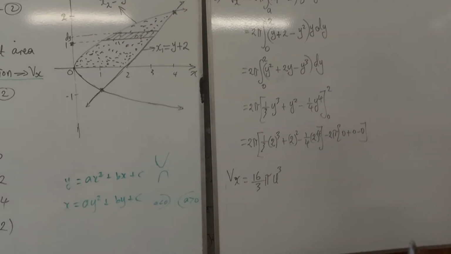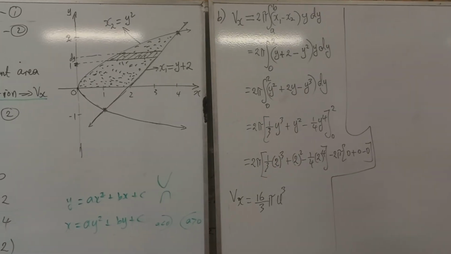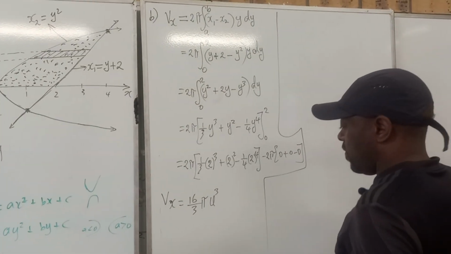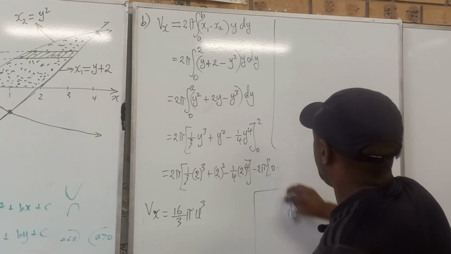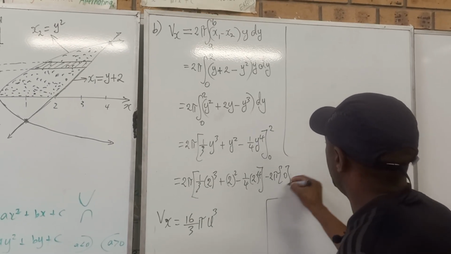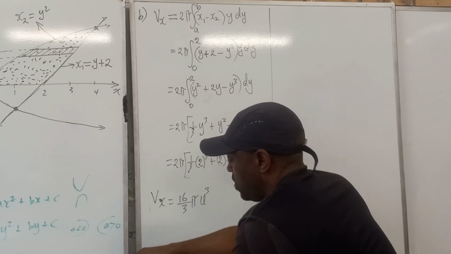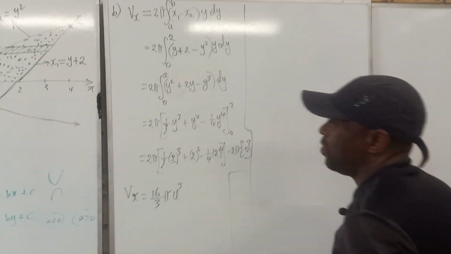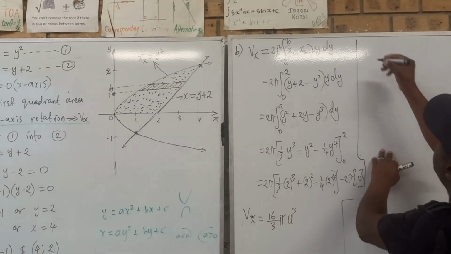So from our volume, we can now go to our moment of inertia. After our volume, we can now check our moment of inertia. So, moment of inertia, the definition starts from the rotation. Our rotation is the x-axis rotation.